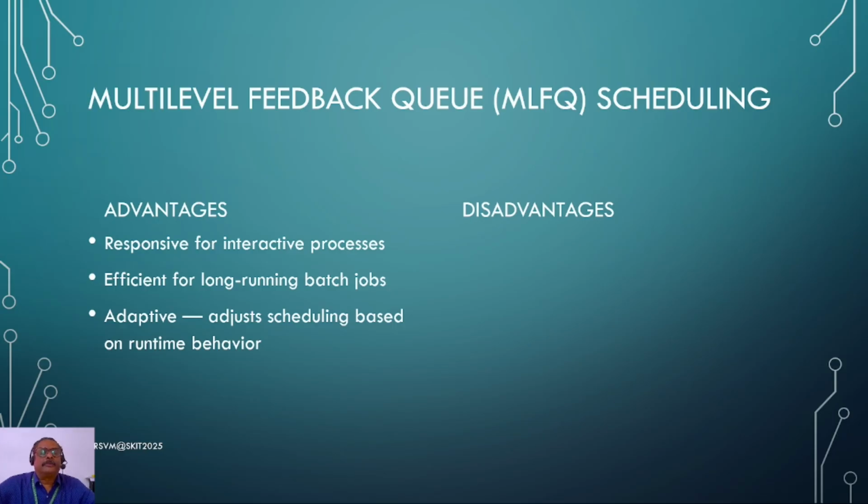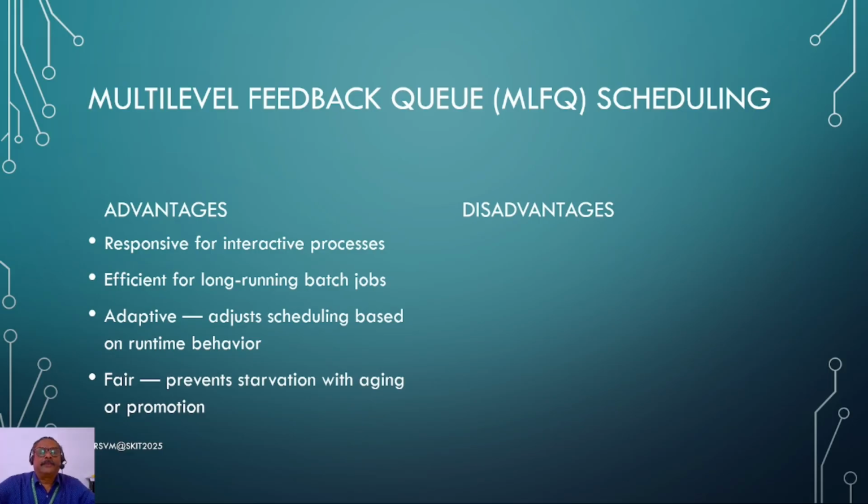And it is adaptive; the main important thing is that things can be modified with time. Nothing is static, it is dynamic in nature. The priority of any process can be dynamically modified depending on the behavior of the process.